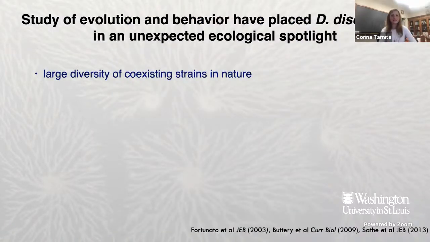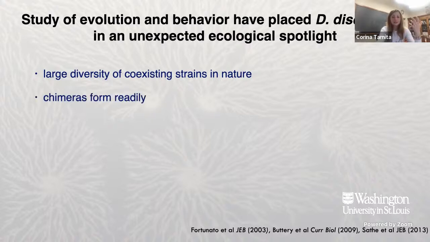There's a large diversity of coexisting strains in nature, on very small spatial scales, which means that they probably eat together and starve together. And it seems that chimeras form readily. Mind you, there is some kin recognition, but it's not perfect, and chimeras can easily form with strains that have been picked up.